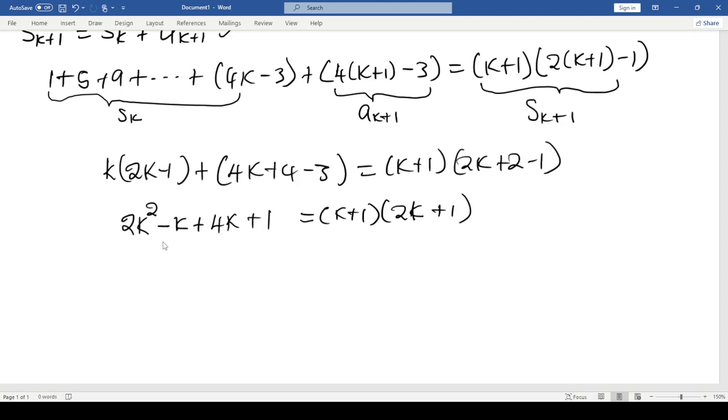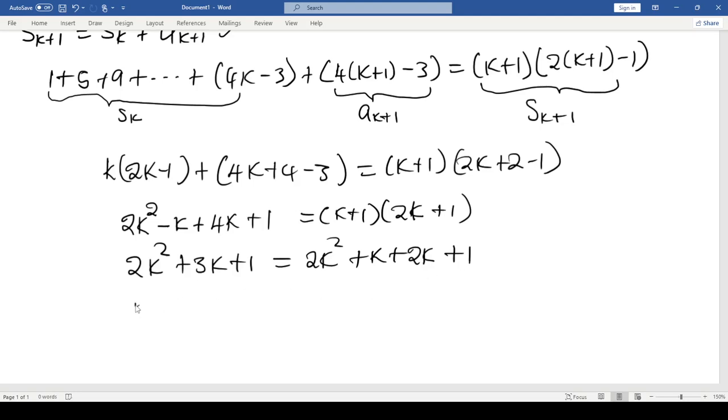Okay, so now we add the terms that we have this side, so that's going to be 2k squared plus 3k plus 1. Then if we expand what we have this side here, you notice that we're going to have a k multiplied by 2k there, so that's going to be 2k squared, k multiplied by 1, that's going to be k, plus 1 multiplied by 2k, that's going to be 2k, then 1 by 1, that's going to give us 1.